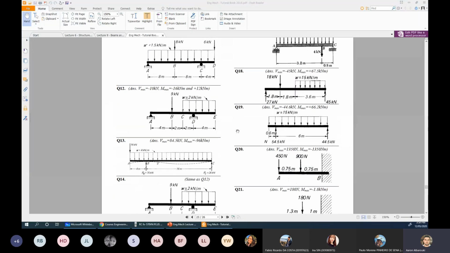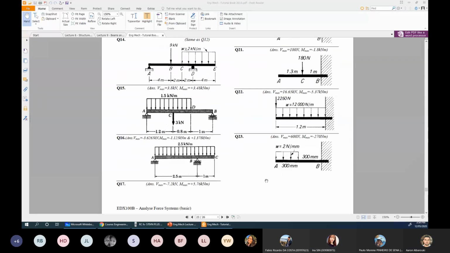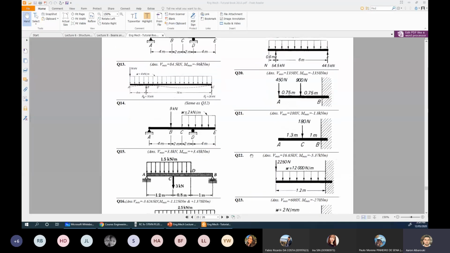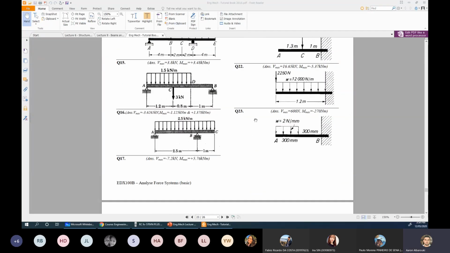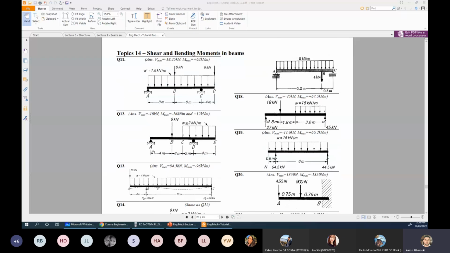I'm asking you from number 13 to 23 as homework. Everyone must do those. From number 1 to 12, I would encourage all of you. Each one of those wouldn't take you long at all to draw the shear force diagram. All we're asking for is the shear force diagram.